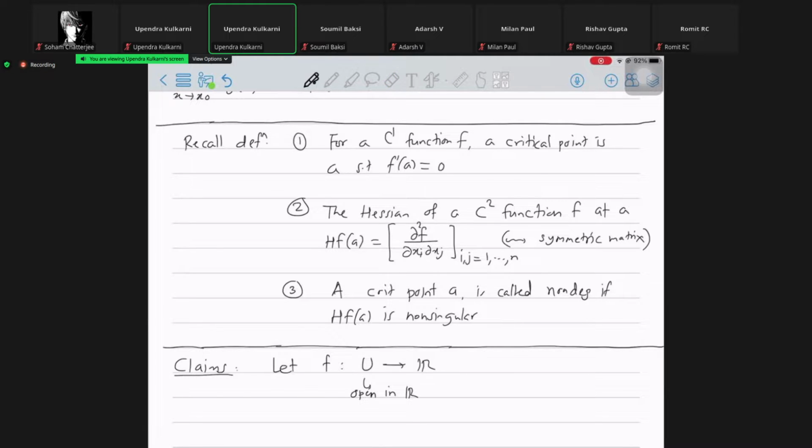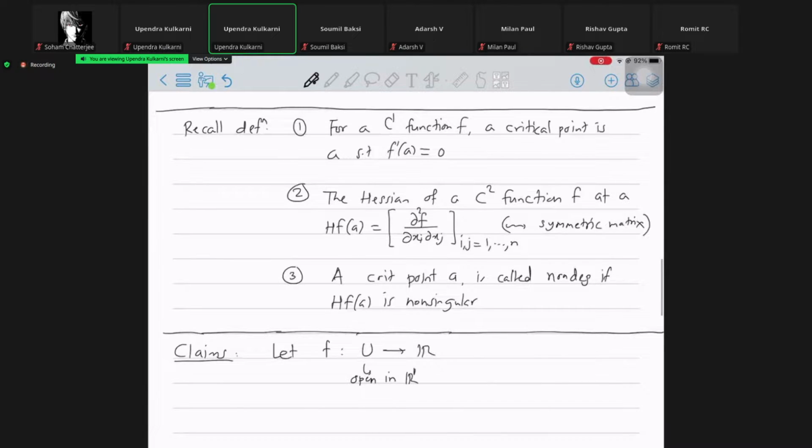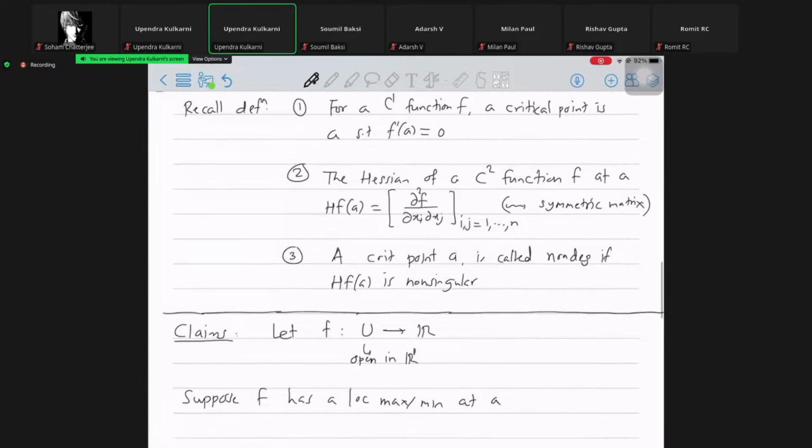And later on, I will change R to R^n. Suppose f has a local max or min at a.